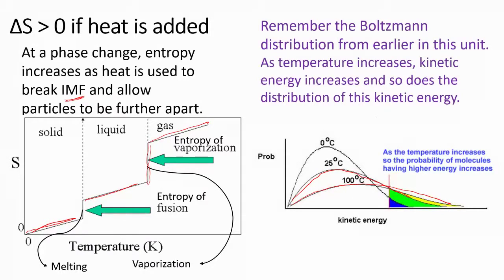All right, but our distribution, if this is our activation energy right here, as our temperature increases, the curve flattens out. So if this is my 100 degrees Celsius curve, for example, you can see I have significantly more particles that have enough energy to overcome activation energy compared to the blue part of the curve, which is at 0 degrees Celsius.